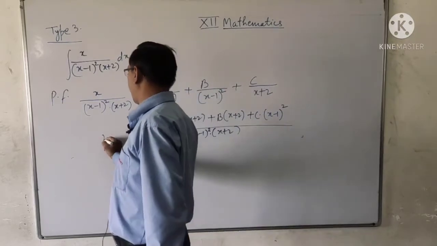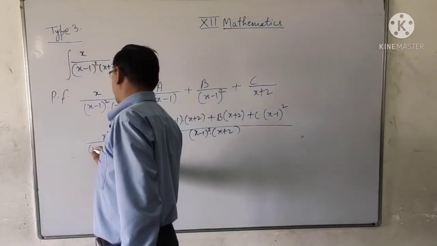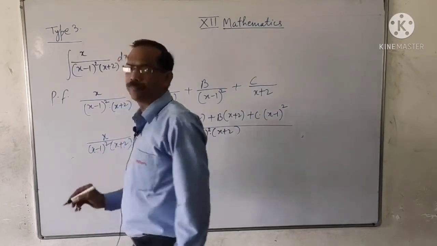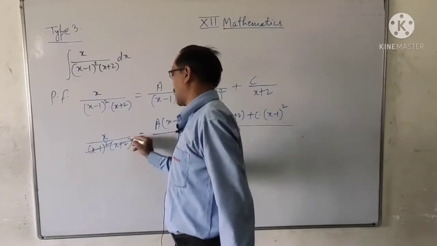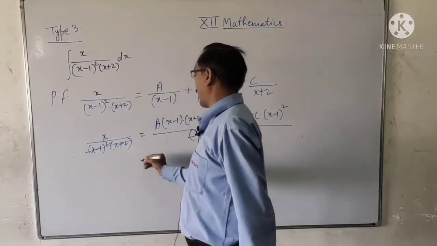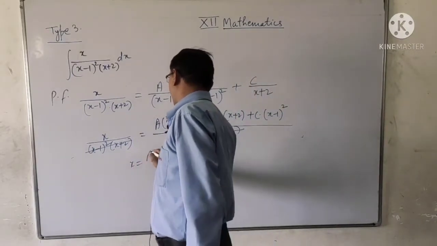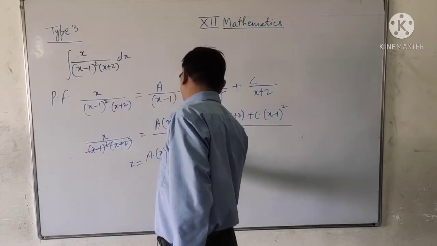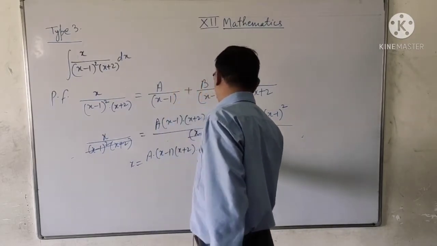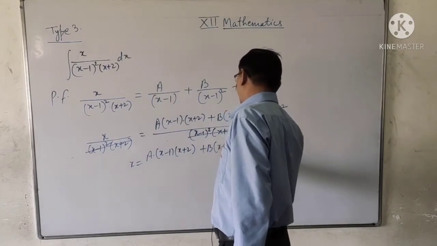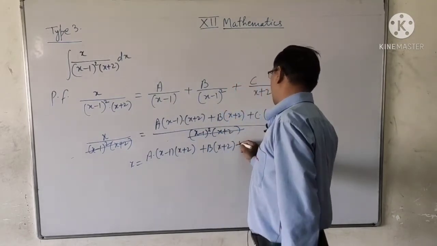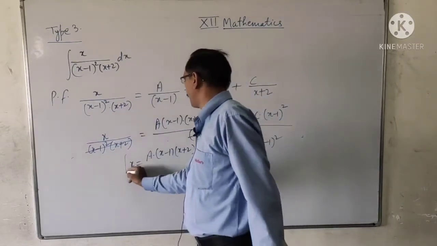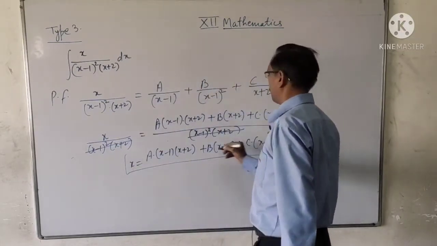And this side, x upon (x minus 1) whole square into (x plus 2). Now this cancels out. So x equal to A into (x minus 1) into (x plus 2) plus B into (x plus 2) plus C into (x minus 1) whole square. This is the main equation.